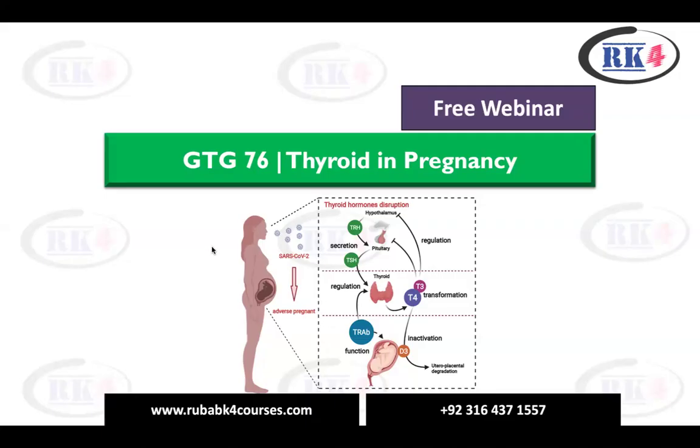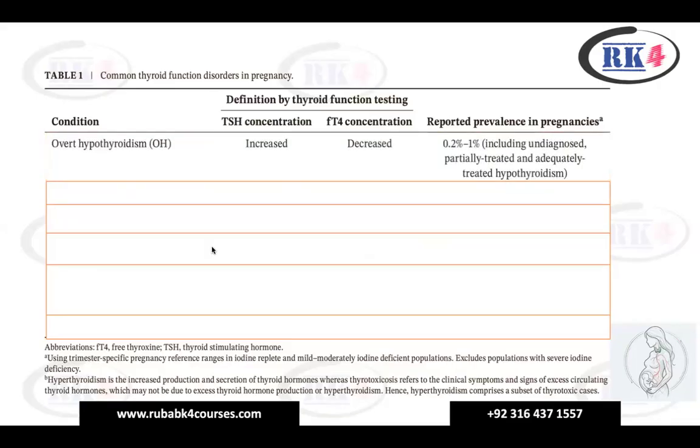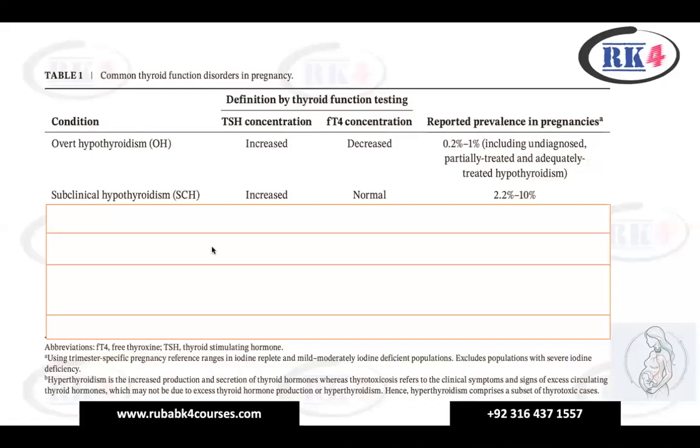Before we start this guideline, there is an important table in it about thyroid function disorders in pregnancy. We may have hypothyroidism, which could be further subdivided into overt or subclinical. These are diagnosed based on the TSH concentration and free T4 concentration. You can go through this because we'll be discussing everything in detail in the upcoming slides.